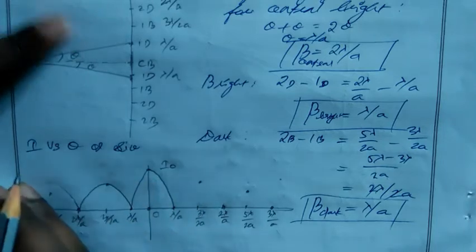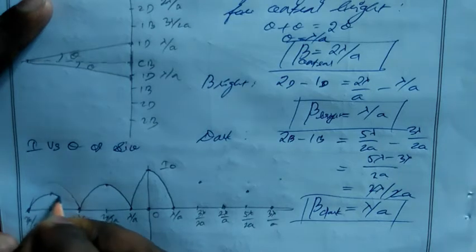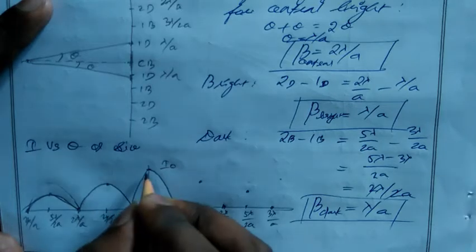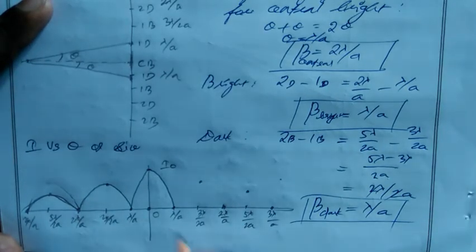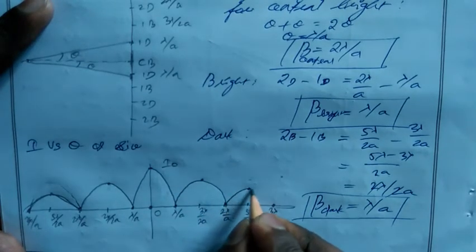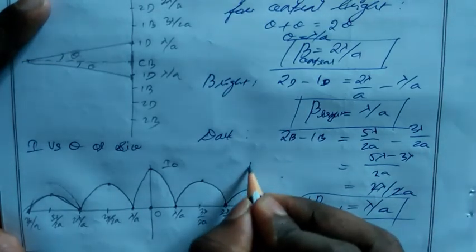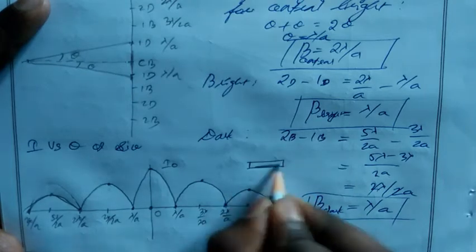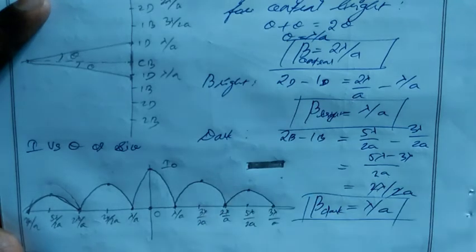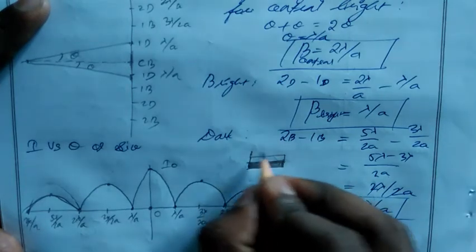So intensity will be lesser as you go from the center outward. In the center you have this much brightness; this is the central bright. Then we have dark, and then first bright will be like this.